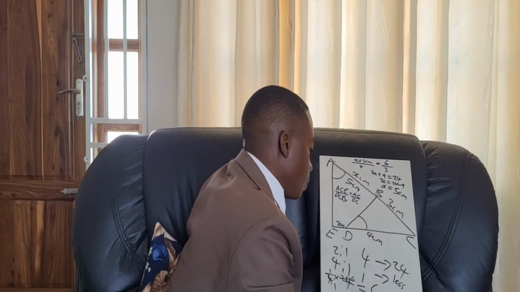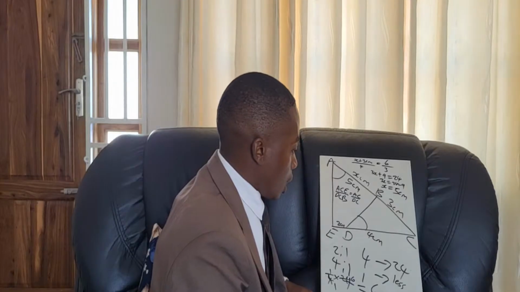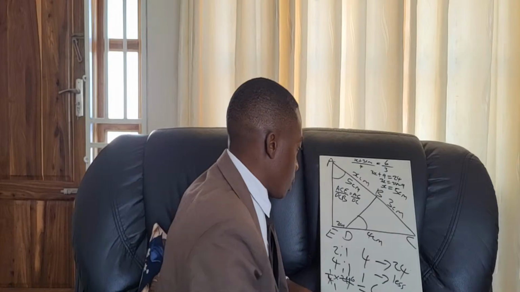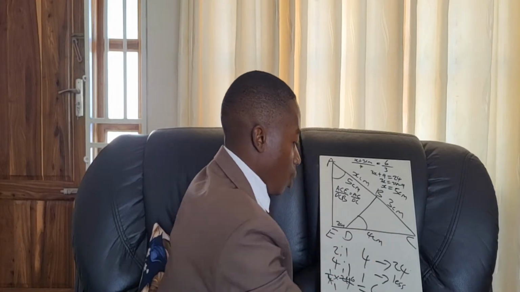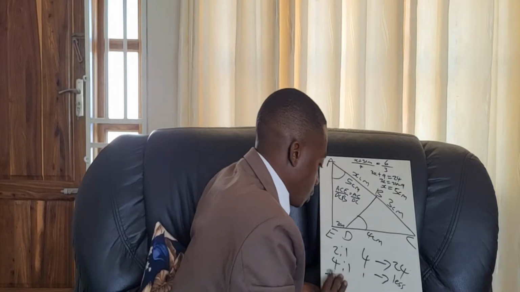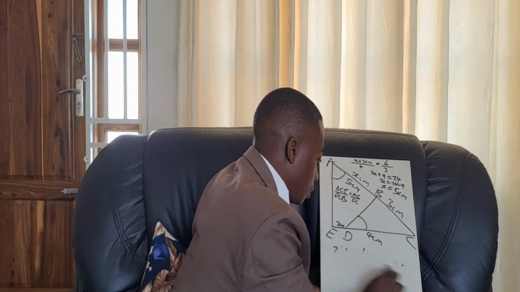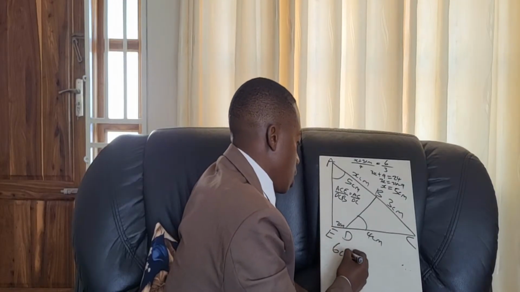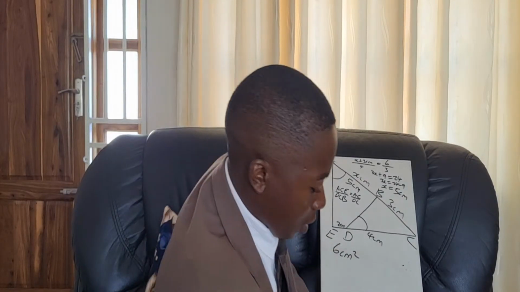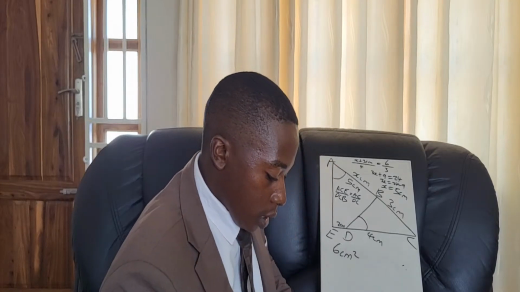So the area of that small triangle is 6 square centimeters.